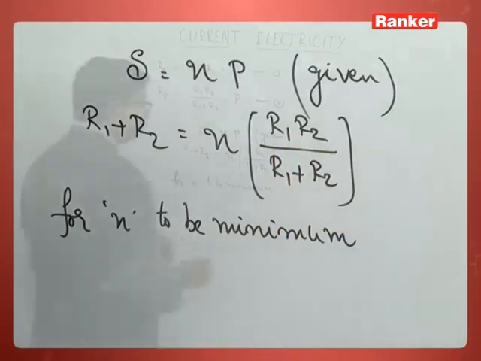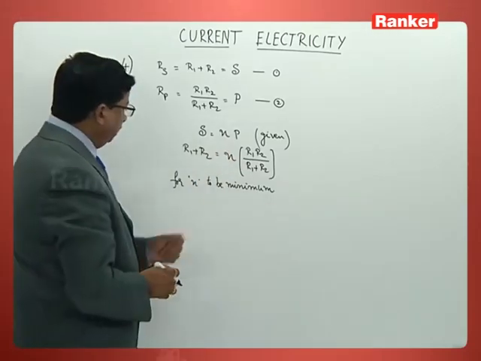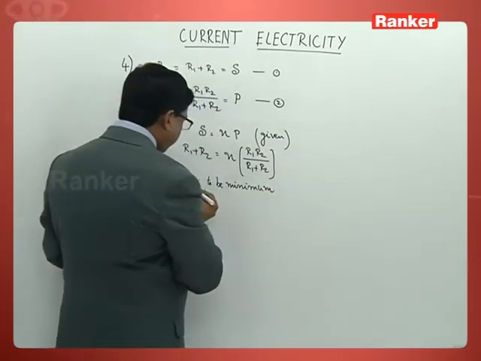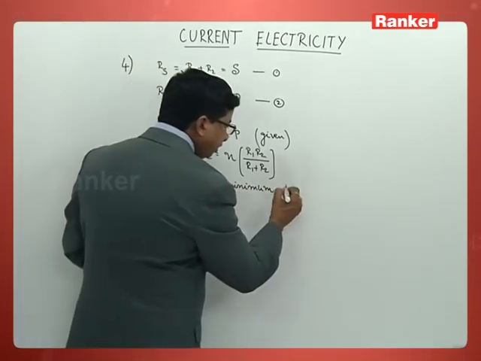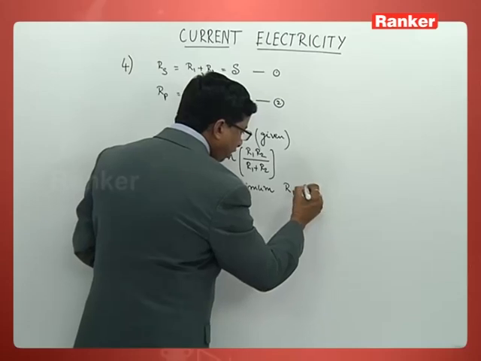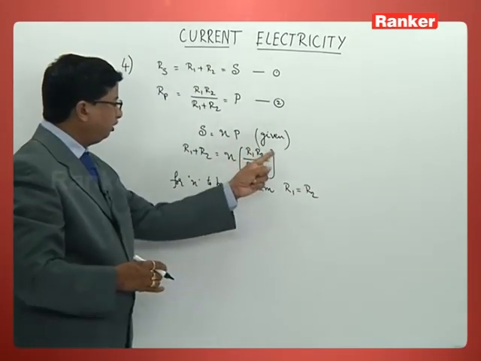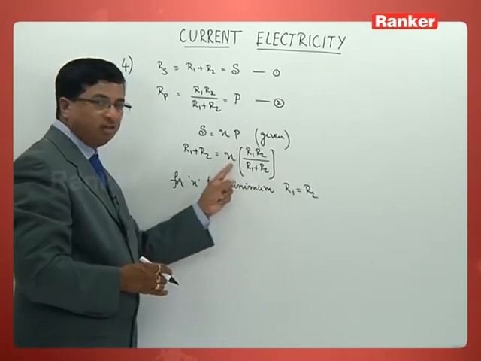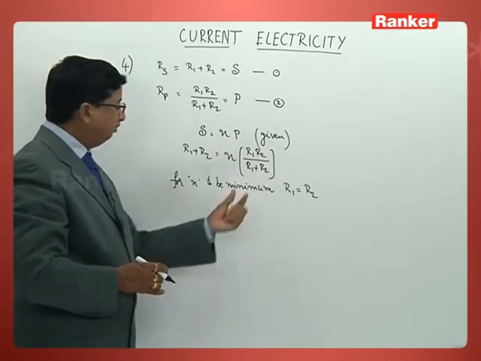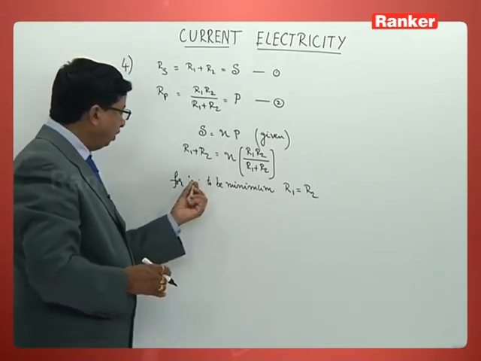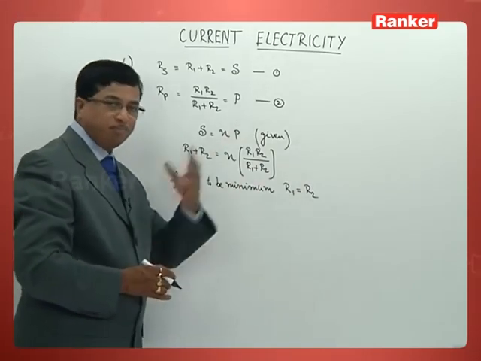You just have to understand: N will be minimum when R1 is equal to R2. Mathematically also you can understand that from this equation. Whenever R1 and R2 are equal, the value of N can be minimum.